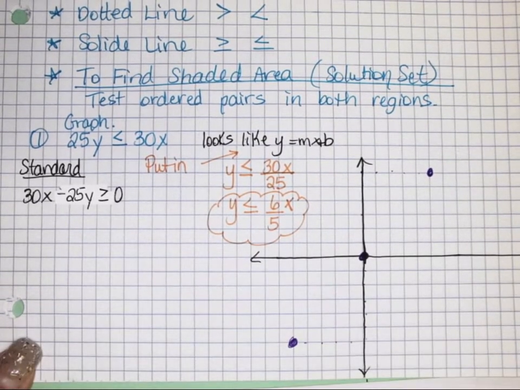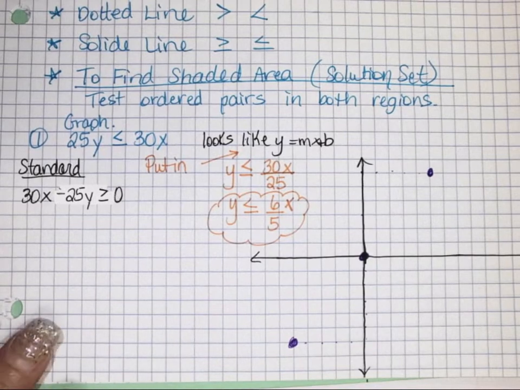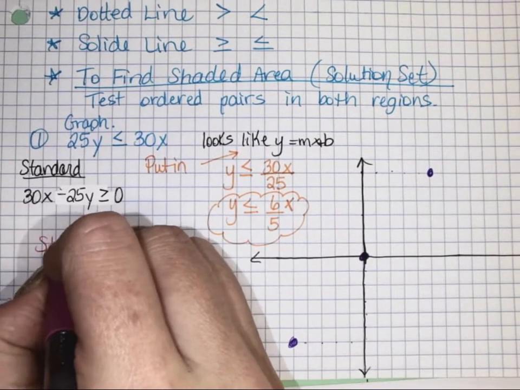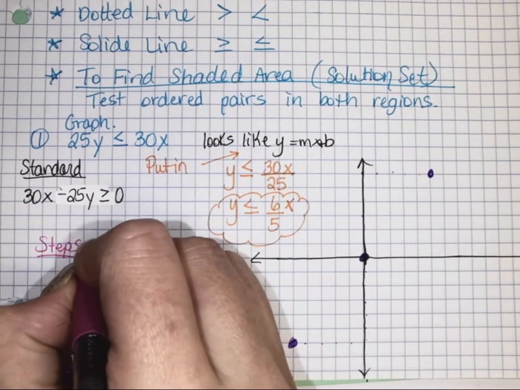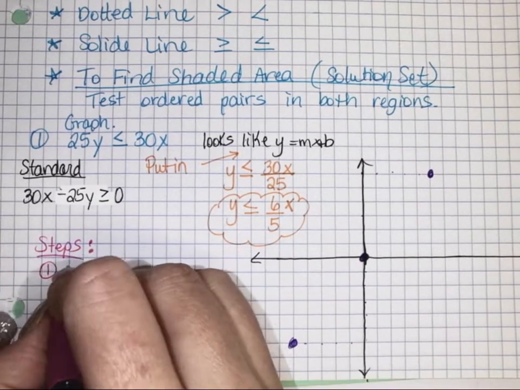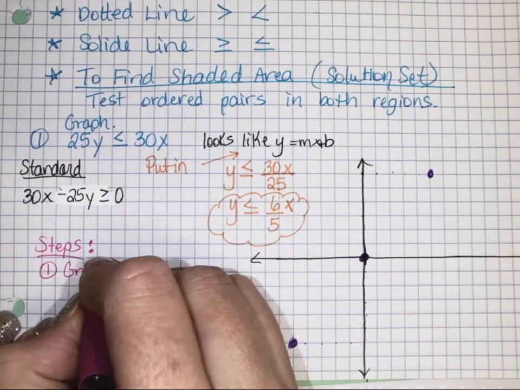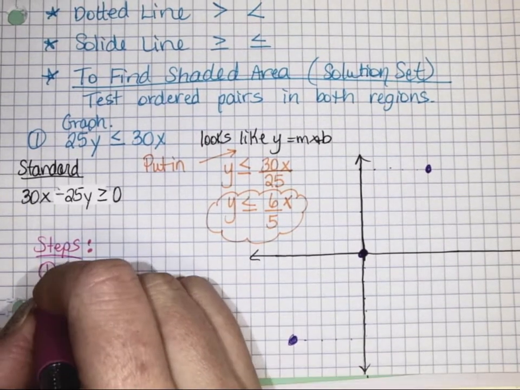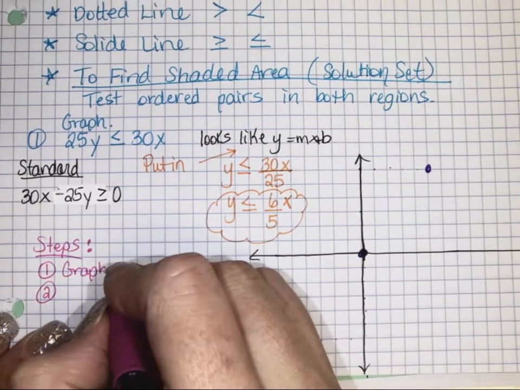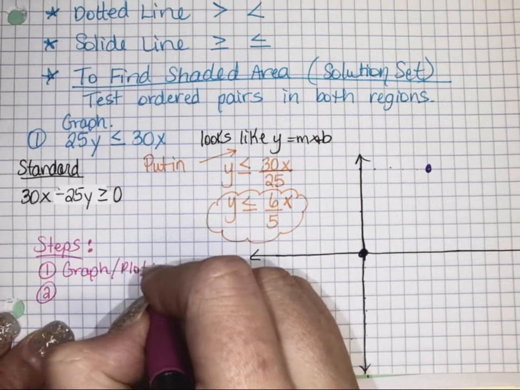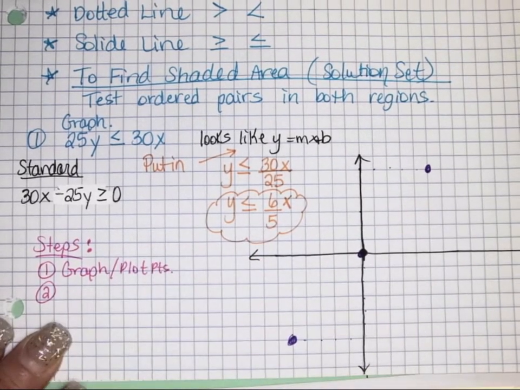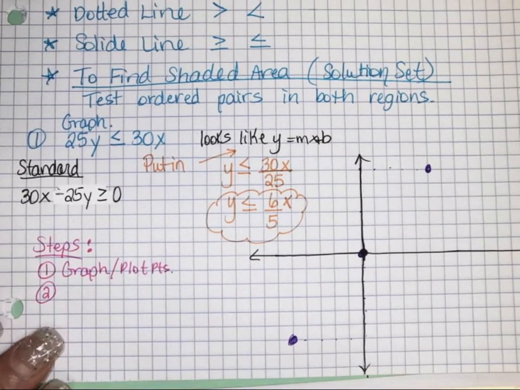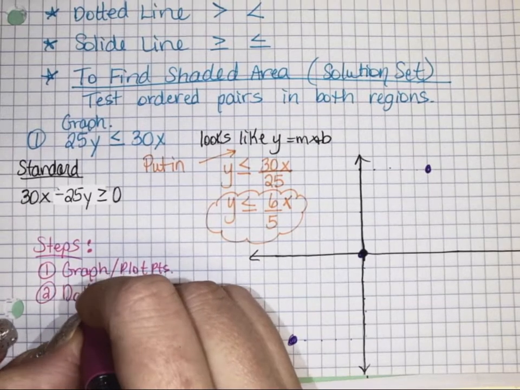So your steps, if you want to write steps down: the first thing you're going to do is graph or plot your points. The second thing that you do is determine if you have a dotted or solid line.